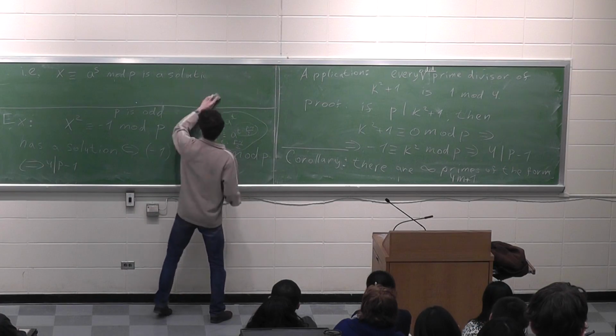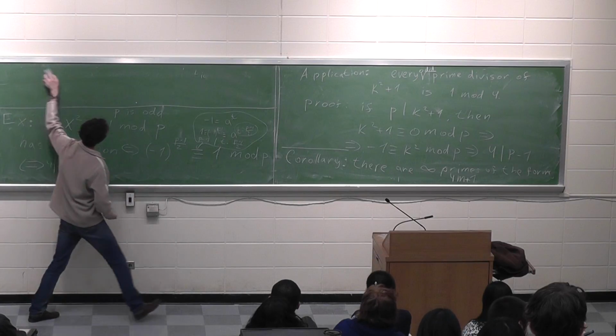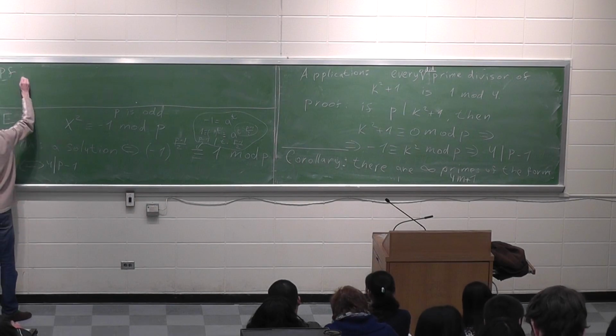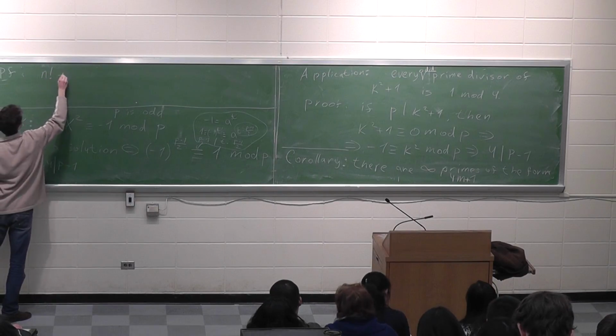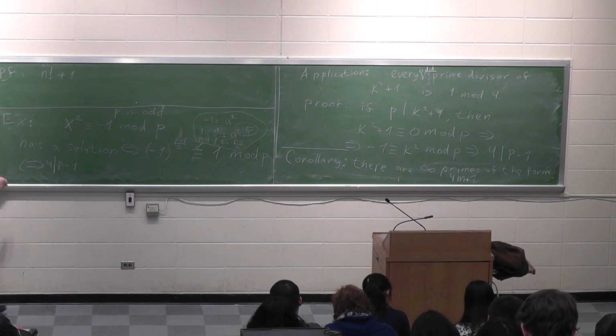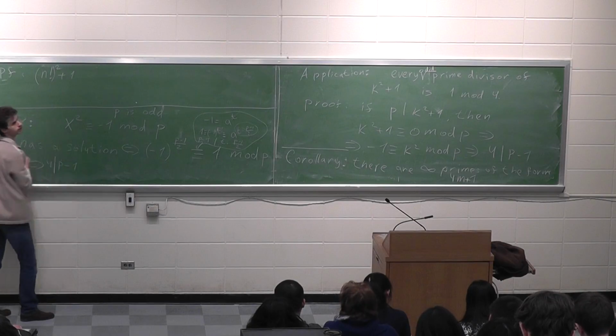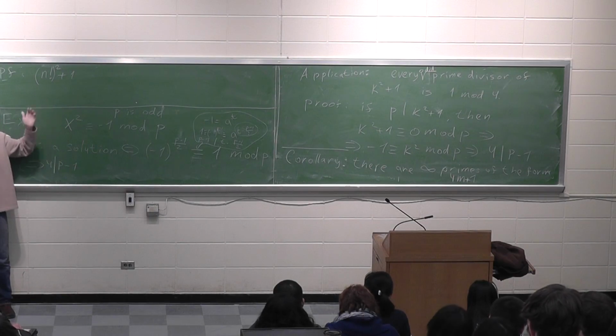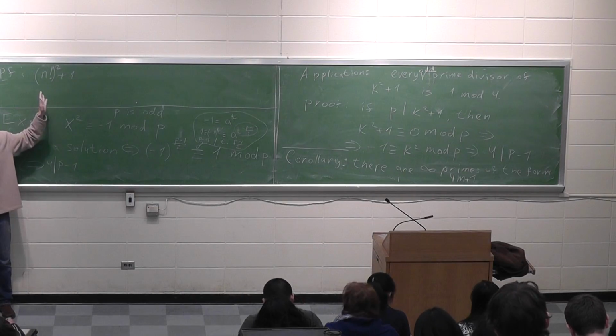So let me take n factorial squared plus 1. It is not divisible by any number between 2 and n.